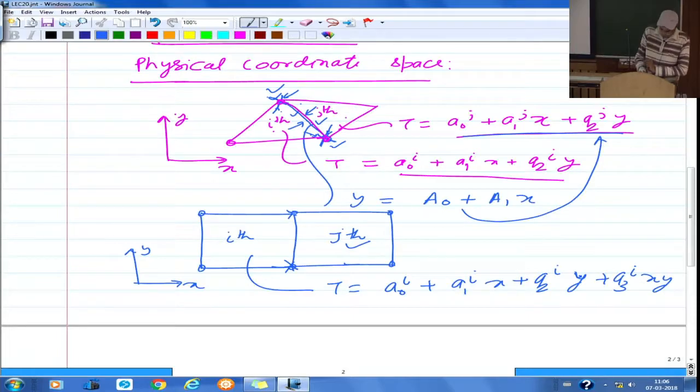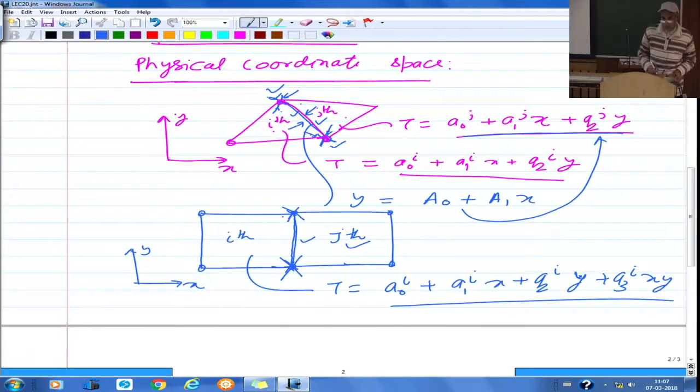Now, when you want to evaluate the temperature along this line, since this edge is parallel to y, x is going to be constant. So, in this expression, if you put x as a constant value, this function would be linear in y. Once it is linear in y, whatever constants you get can be written in terms of the temperature value at this node and the temperature value at this node.